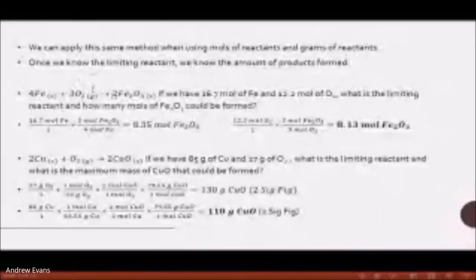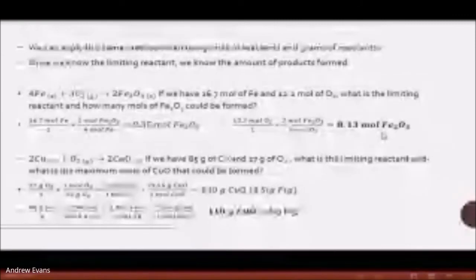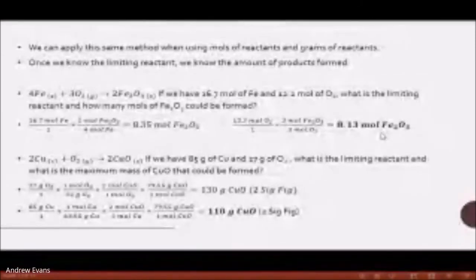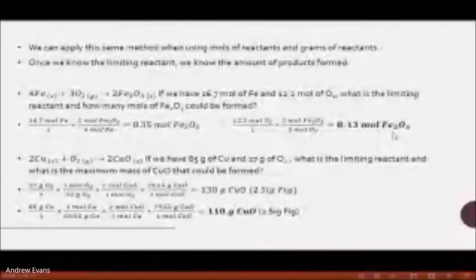For 12.2 moles of oxygen, we use the 3 and the 2. So for every 3 moles of oxygen, we form 2 moles of iron oxide, giving 8.13 moles of iron oxide. So which one of these numbers is lower? 8.13. So what is the limiting reagent? Oxygen, because we converted oxygen into iron oxide. How many moles of iron oxide could be formed? 8.13.